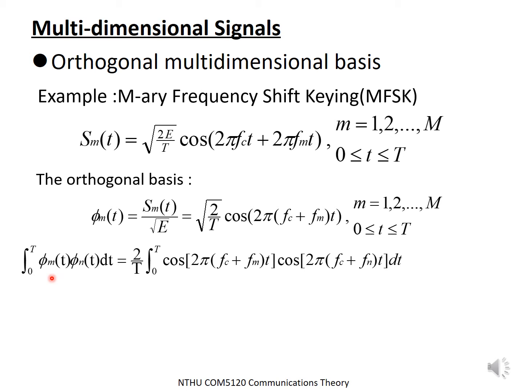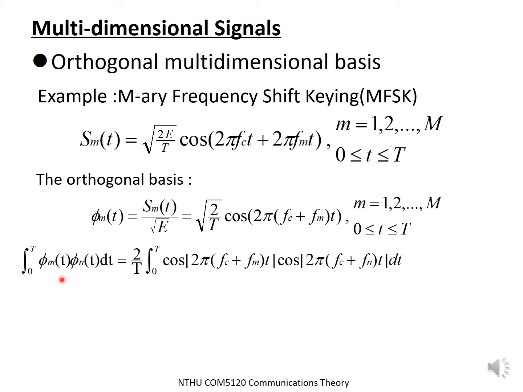That means the inner product of different bases has to be 0, and for the same basis, the inner product would be 1. That is the orthogonal criterion such that we can construct the basis of the signal space.